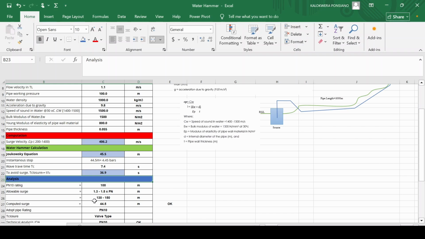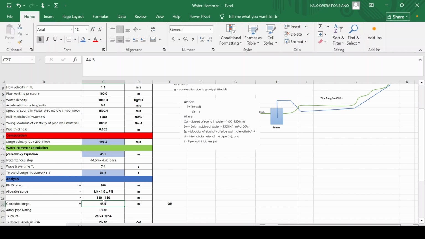That gives us a range of 130 to 150 meters. And since our computed value from the equation is 44.5 meters, it means the surge generated in the pipeline can be contained by our selected pipe of PN10.